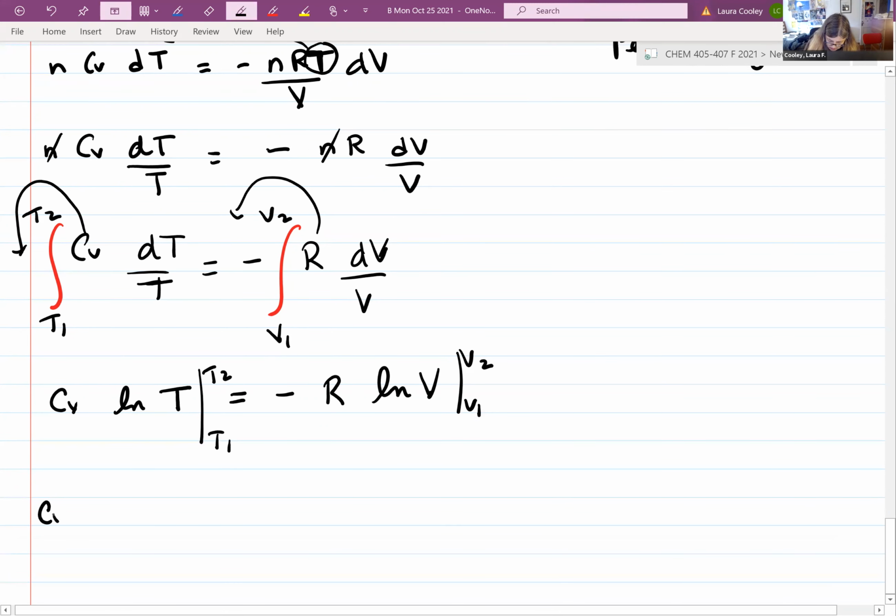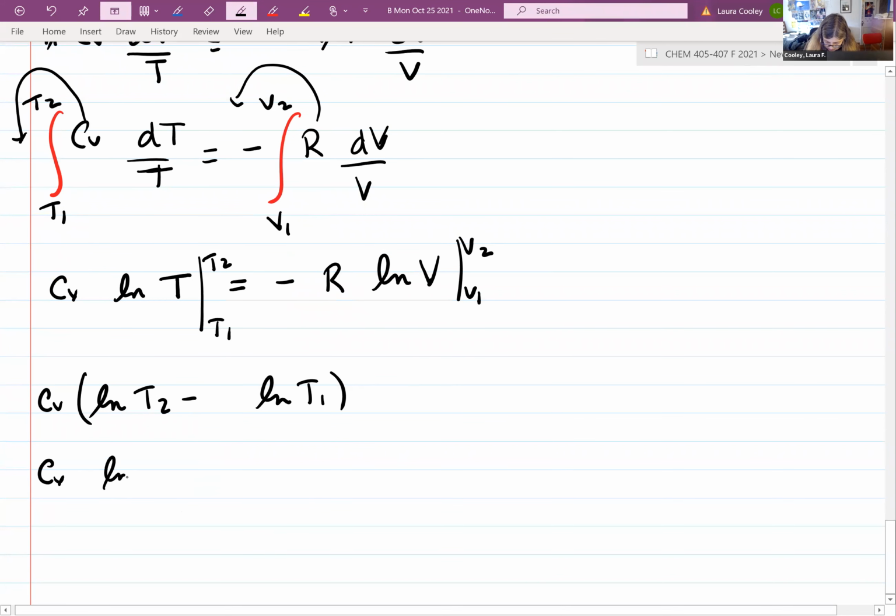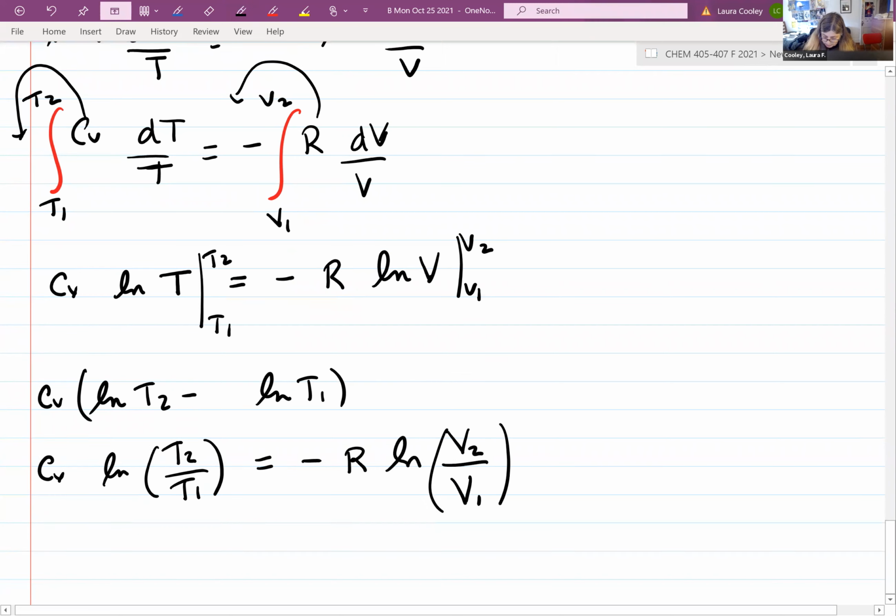So this is Cv log T2 minus Cv, well, let's just put it in parentheses, log T1, which of course is Cv log T2 over T1. I'm just going to skip that step here and call this R log V2 over V1.